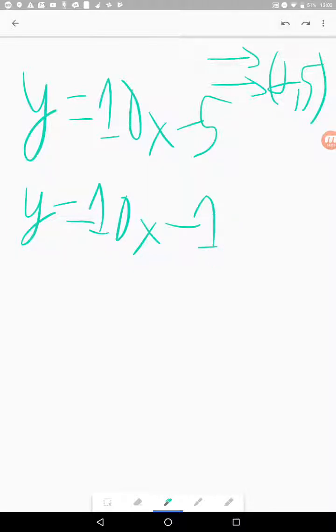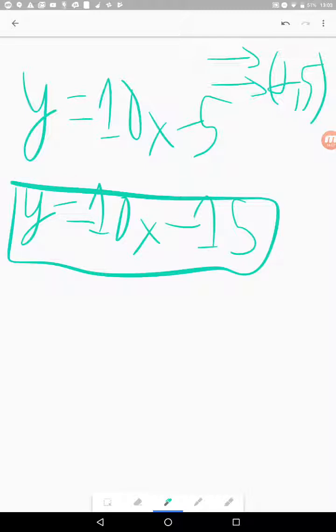Sorry, gotta rewrite that. There. Good. Now see how we keep our slopes the same? It doesn't change, because remember, parallel. We have to find it parallel to it. That means same slope. If it does change, then you did something wrong.